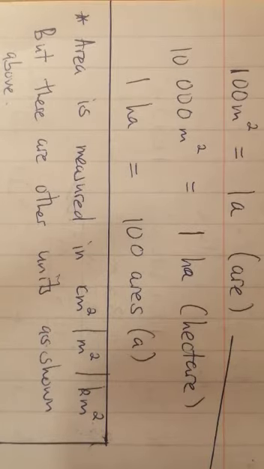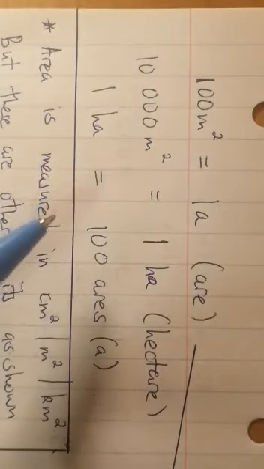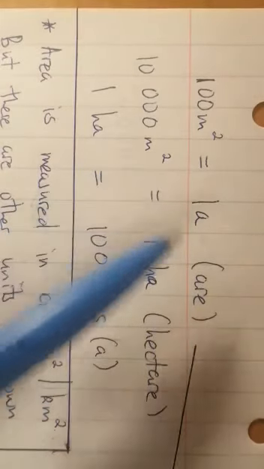But there are also some other units that can be used when we have very big areas. These are called airs and hectares, and you must remember these so that you may be able to convert from one unit to another.